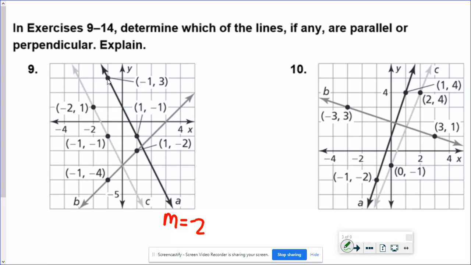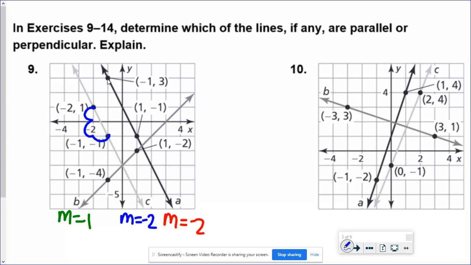Line B, my slope is up 2 over 2, or up 1 and over 1. So for line B, my slope is 1, or 1 over 1. And for line C, I have a slope that's going down 2 and over 1. That means that my slope is a negative 2.